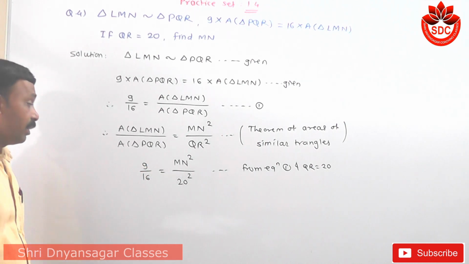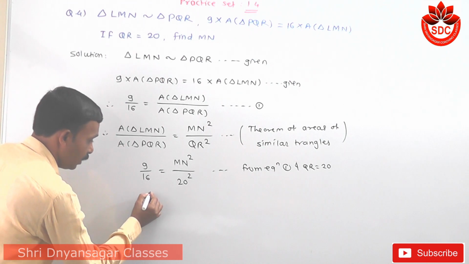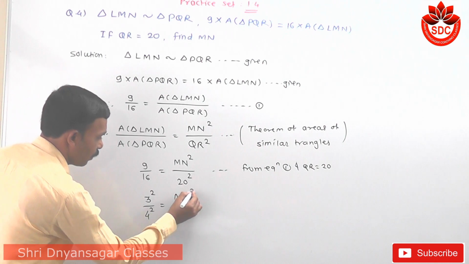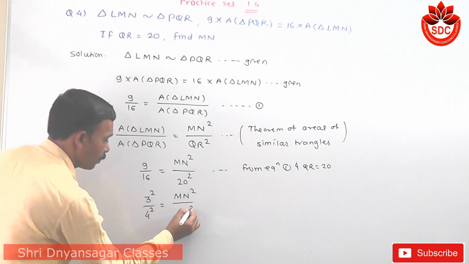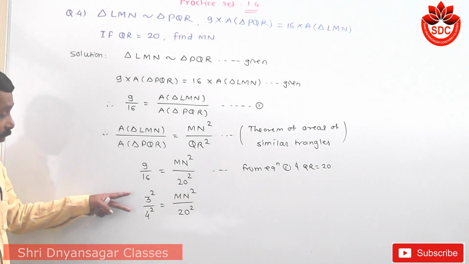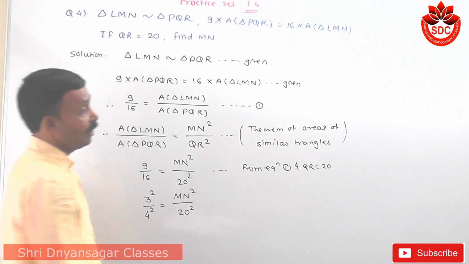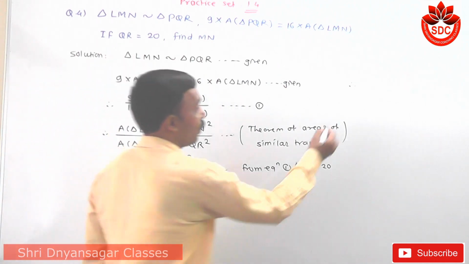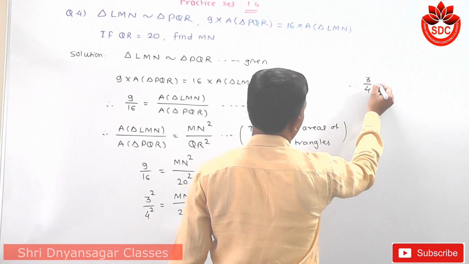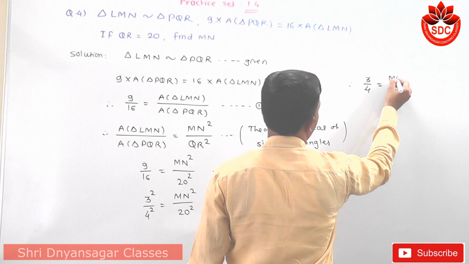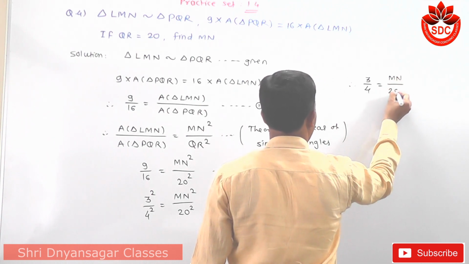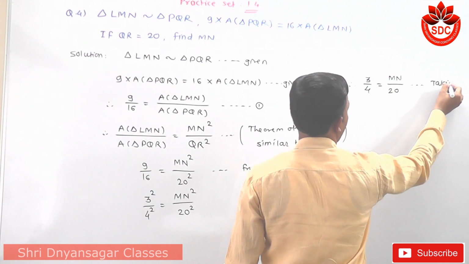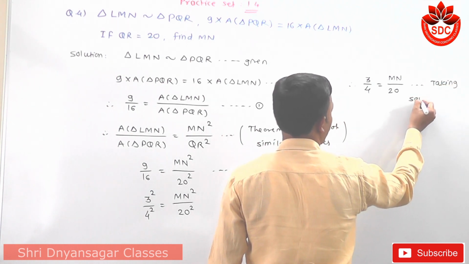So 3 square upon 4 square is equal to MN square upon 20 square. Then taking the square root of both sides, we get 3 upon 4 is equal to MN upon 20. The reason is taking square root of both sides.